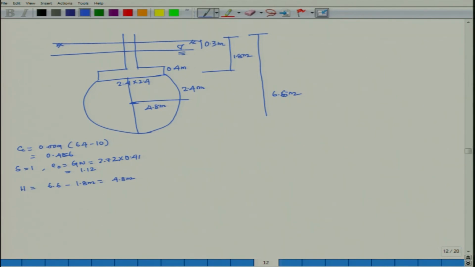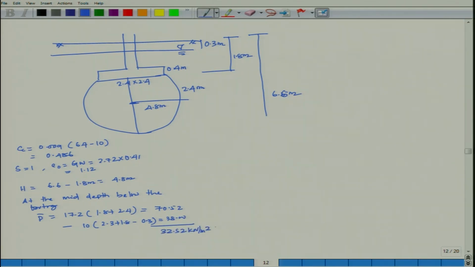So, at the mid depth below the footing, P prime is equal to 17.2 into 1.8 plus 2.4, which is equal to 70.52, minus, water table is there, 10 into 2.3 plus 1.8 minus 0.3 floor slab, which is equal to 38.00, which is equal to 32.52 kilonewton per meter square.